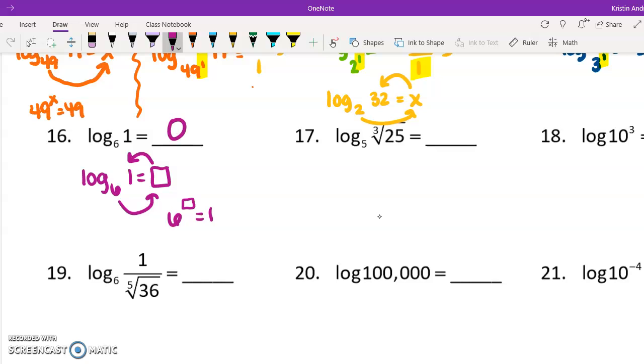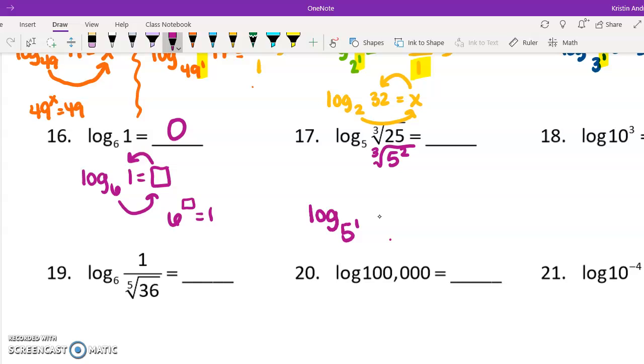All right, here we got 5. 25 is a base of 5. So I'm going to rewrite this one using 5 to the first. And then the cube root of 25, the 25 part is just 5 squared, and then you also have the cube root around it. Could we write that as an exponential?